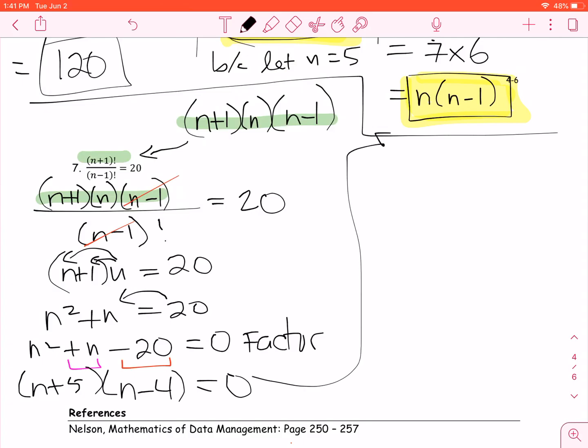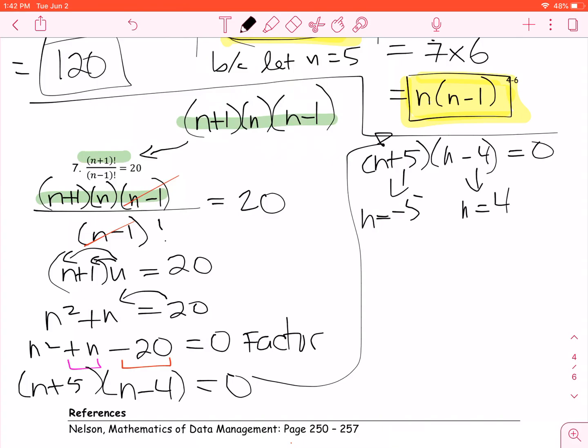Now to find your solutions, I'll rewrite it up here: n plus 5, n minus 4 is equal to 0. Your solutions are then negative 5 and positive 4.